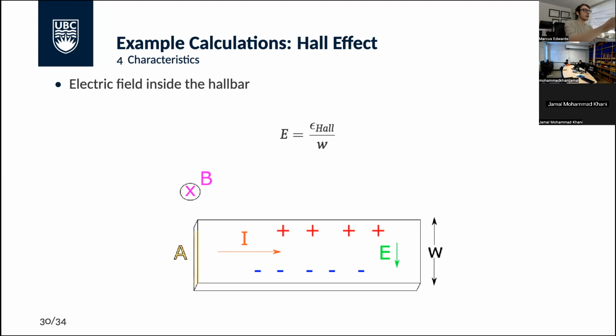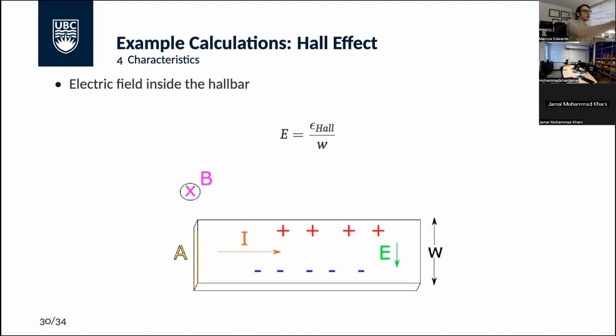Due to the handedness of the magnetic field, charges would start to accumulate on either side of the bar here, which is why we call it a Hall bar. I've illustrated those in blue and red. Due to that accumulation of charge, we get an electric field, which is perpendicular to the current.